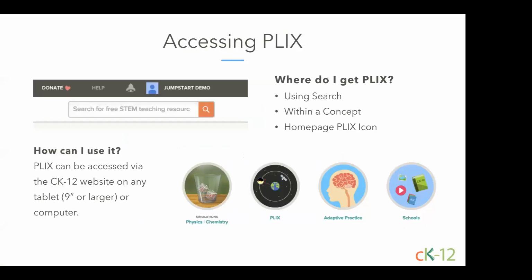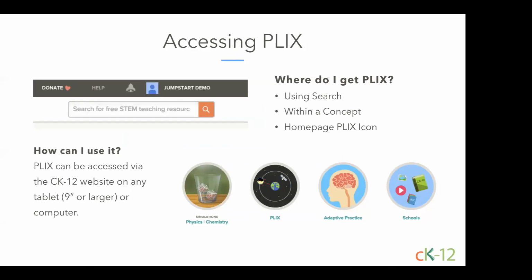So now that you've seen two PLIX, you may be wondering where you can get your hands on them. You can access our PLIX through the website on any computer or tablet with a screen size of 9 inches or larger. Also, when accessed through FlexBooks 2.0, PLIX can be used on phones.